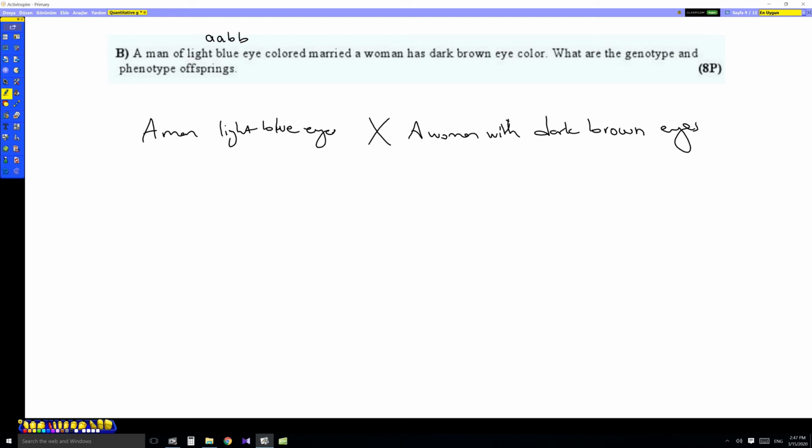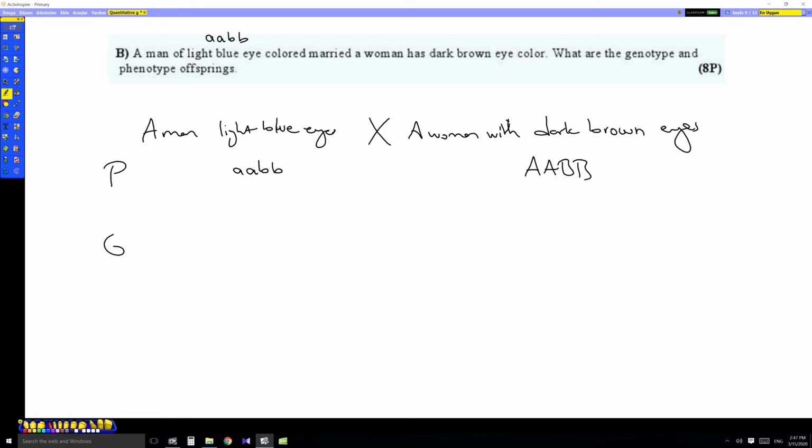Light blue, we know the genotype is accurate, A small, A small, B small, B small, and dark brown is all dominant, A capital, A capital, B capital, B capital. So we see the parents, both of them are pure.